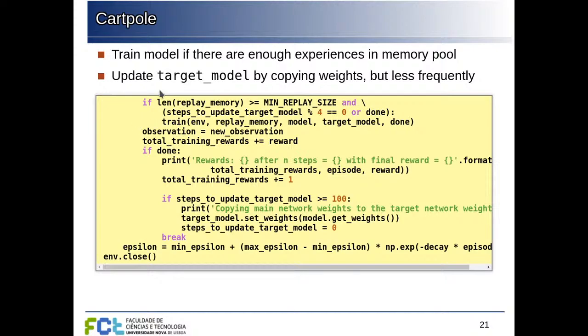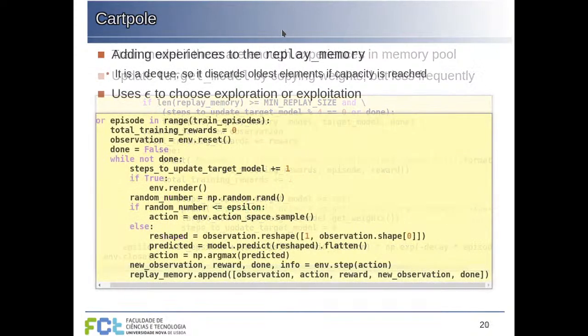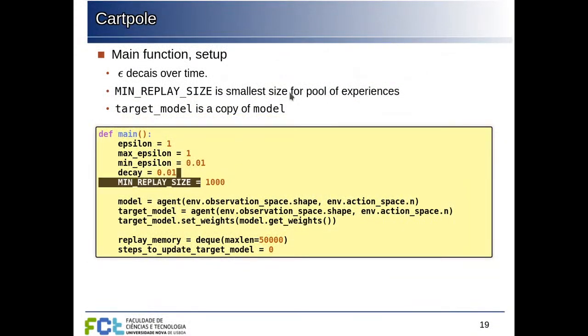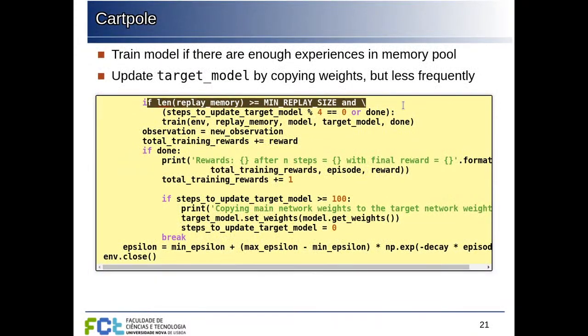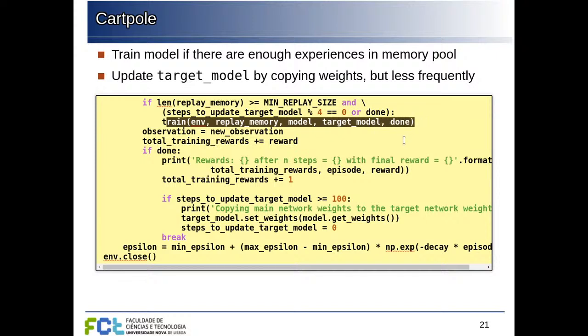So now we check if we have at least 1,000 examples. We only start training if we have at least 1,000 examples in the pool, so that we can start drawing examples at random for the mini batches. And in that case, every 4 steps, we train our main model with a mini batch of examples.